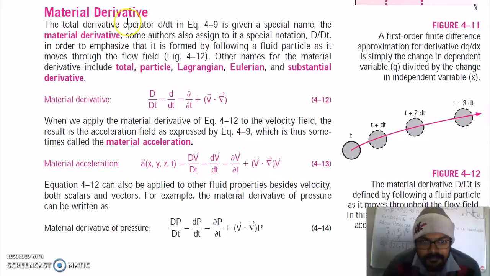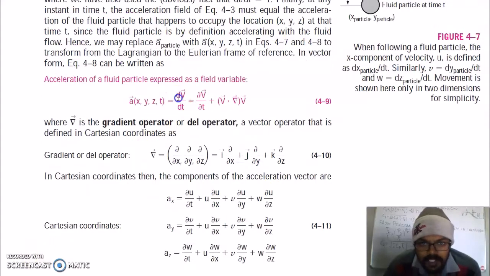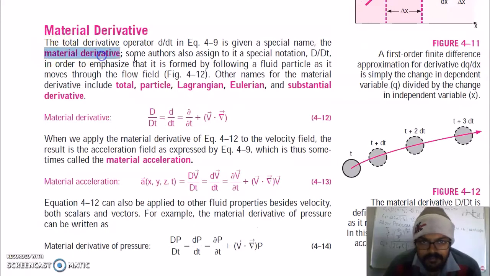Material derivative. The total derivative operator d by dt is given a special name, the material derivative. Some authors also assign to it a special notation, capital D by Dt, in order to emphasize that it is formed by following a fluid particle as it moves through the flow field.